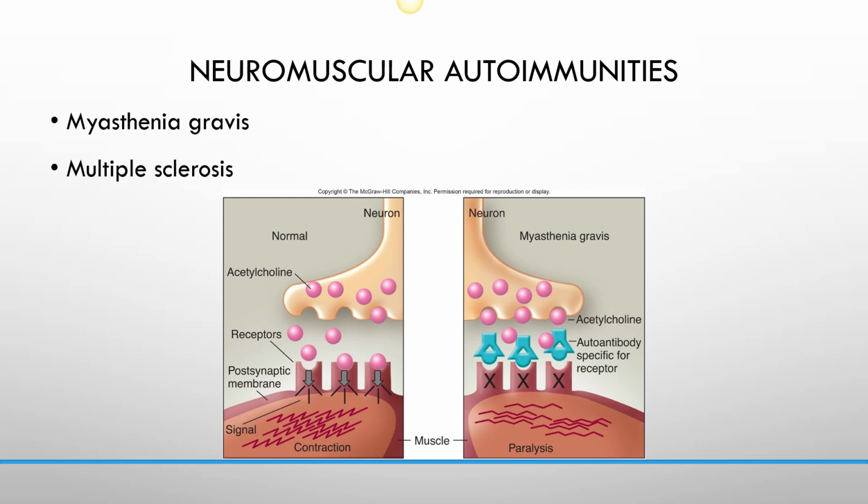They do repair themselves, but then the damage can happen again. So usually patients with MS have these periods of disease and remission, so they don't constantly have the disease, but certain cases get progressively worse to the point where the patient can no longer walk.